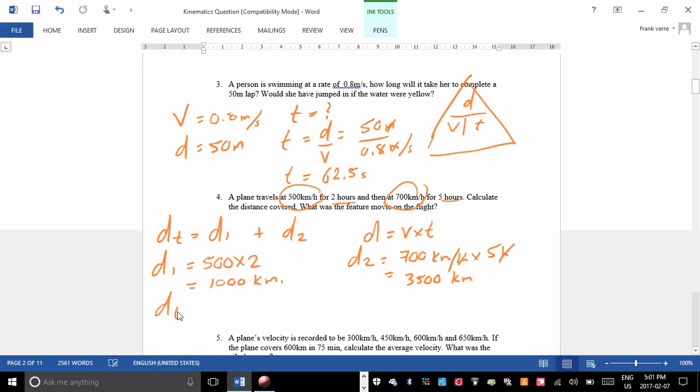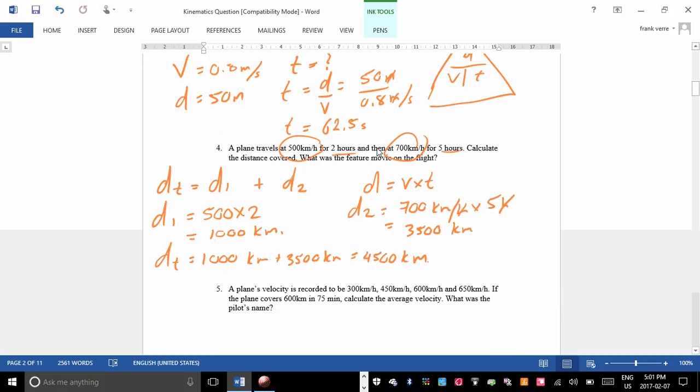So then our total distance is going to be d1 plus d2, which is 1,000 plus 3,500, which equals 4,500 kilometers.